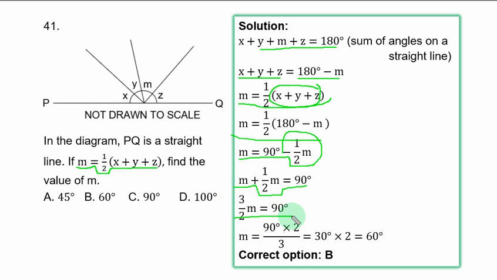To get M, multiply through by 2 to clear the fraction and divide both sides by 3. You have it in this form. If you reduce and multiply, you have 60 degrees. B is the correct option.